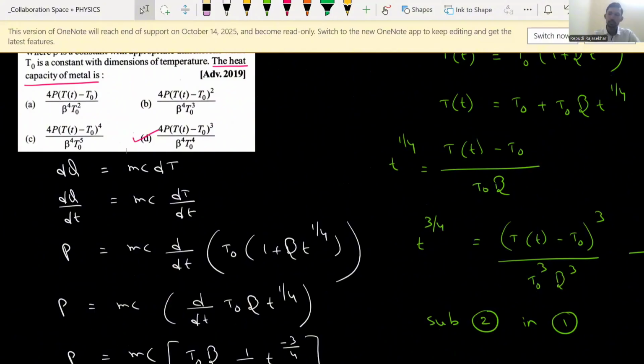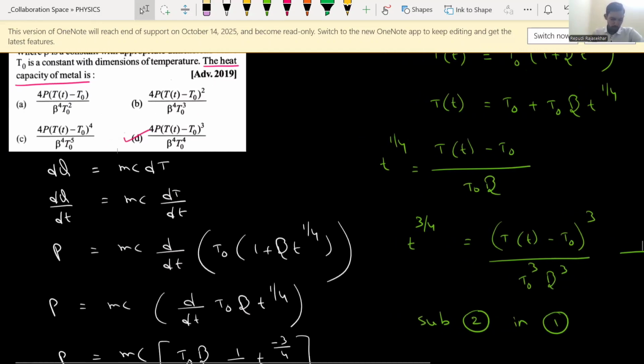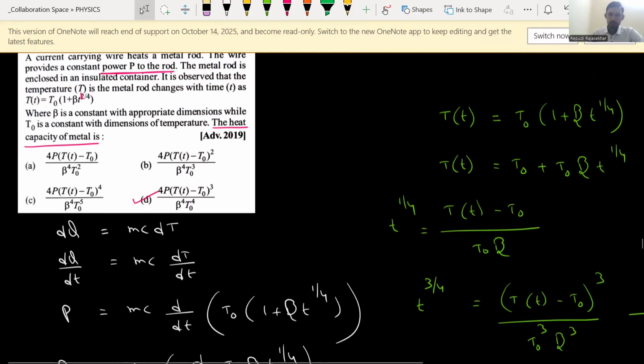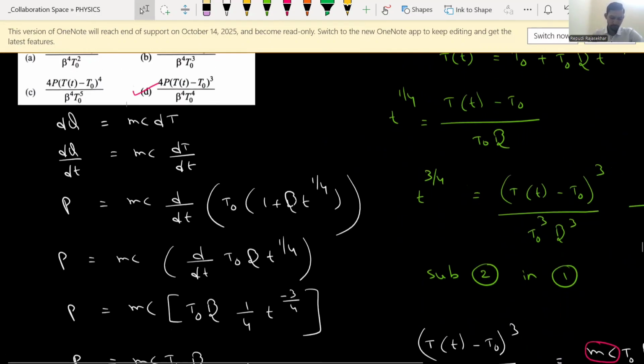You feel that initially it is a direct, easy question, but if you forget or do not get the idea how to convert that t power 3 by 4 into known terms, gone. Clear? So this question checks the presence of mind of a student, right?